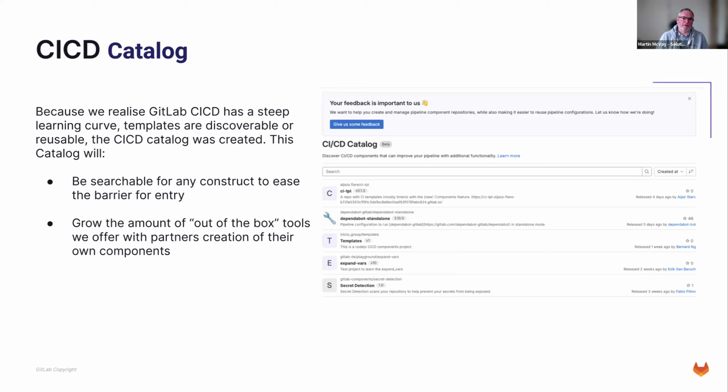So you can publish components internally within your organization. That's a powerful thing where you've got discoverable, reusable pieces of functionality that are easily looked up and found within your organization. So this is quite an exciting piece of functionality as far as I'm concerned. So that's the CI/CD catalog.